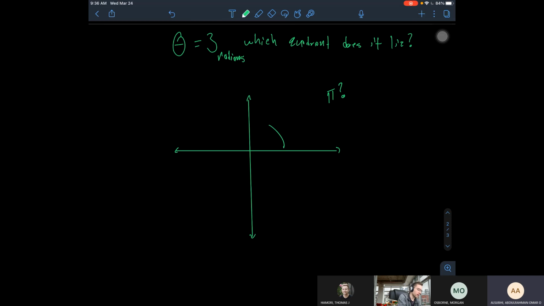We have an angle like this, right? How much does it take to go all the way around the circle? To go all the way around, this measurement in radians is 2 pi.